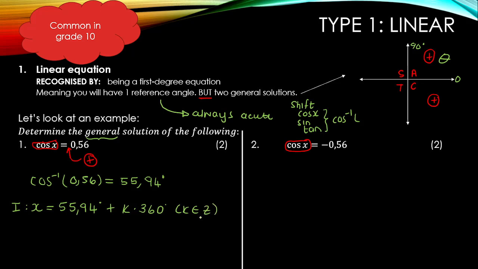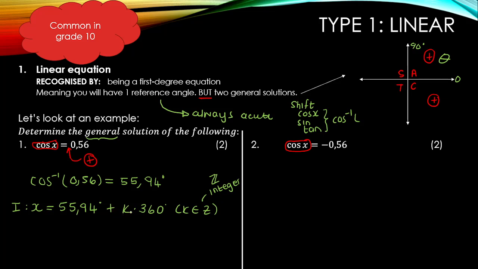And luckily for us in school, we are only going to work with k when k is an integer. When I say z, that z right there, it's actually supposed to look something like that, is referring to integers.